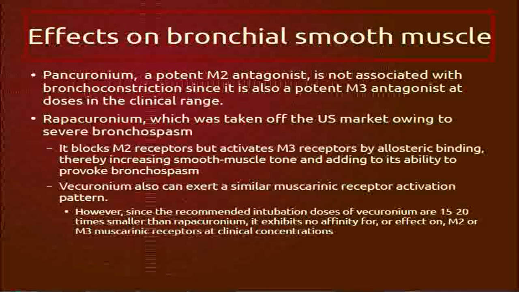Now, back in the day, after I came along, I never used Rapulon. Have you ever heard of it? Rapacuronium. So this was a very, very short-acting, non-depolarizing neuromuscular blocker. And for a couple years, it had great press. But then, there were several case reports of young adults and children dying from it.